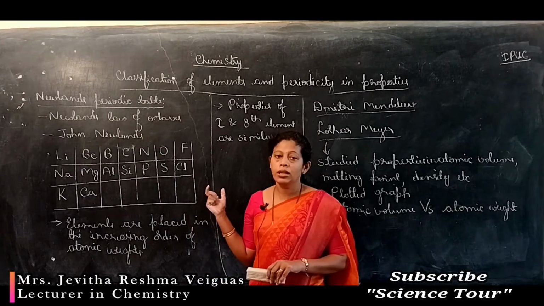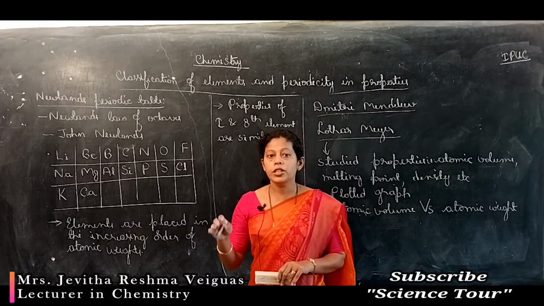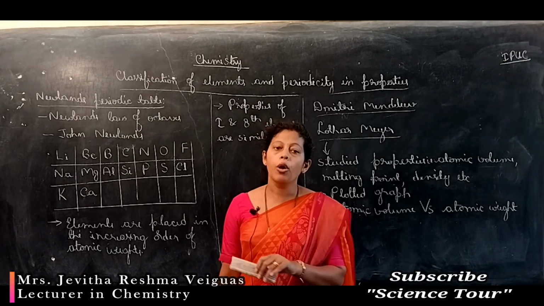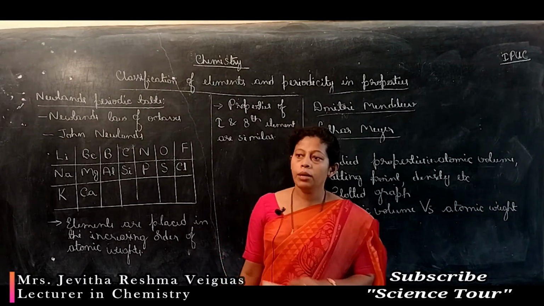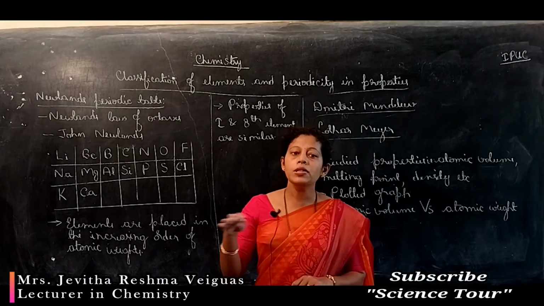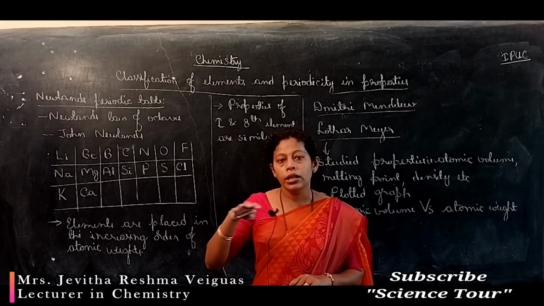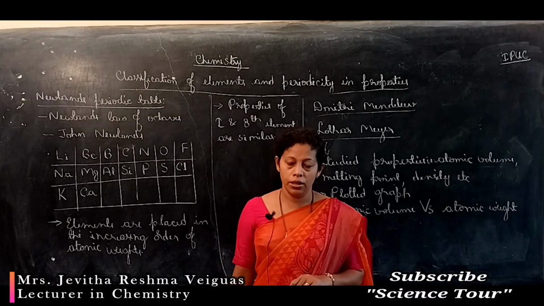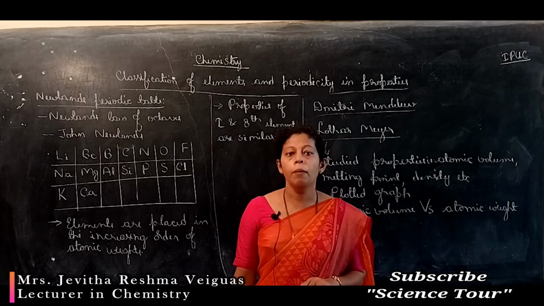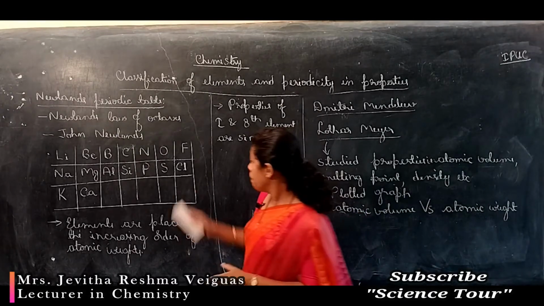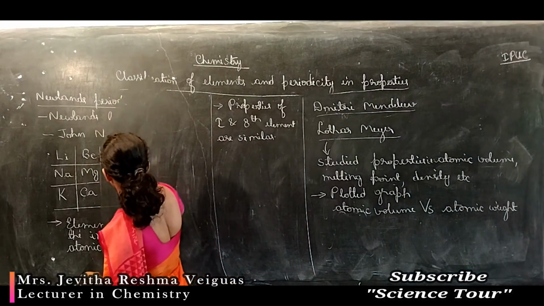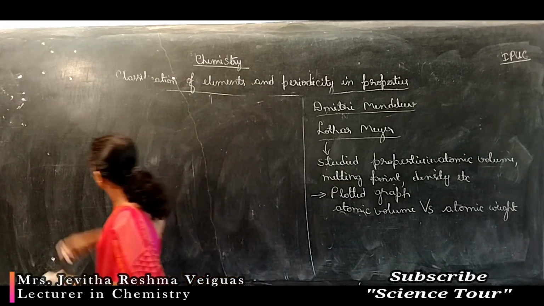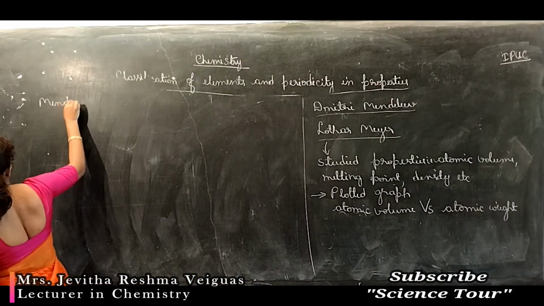That periodic table is Mendeleev's periodic table, which is basically dependent on the atomic weight. In Mendeleev's periodic table, the elements are placed in the increasing order of their atomic weights. Mendeleev's periodic table is dependent on a periodic law. The periodic law given by Mendeleev is called Mendeleev's periodic law.